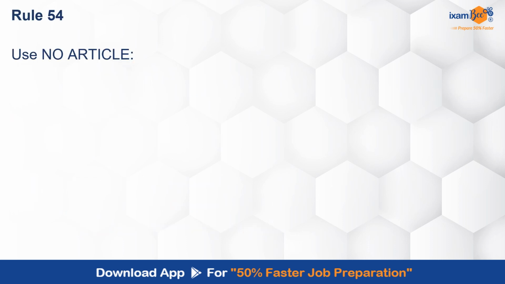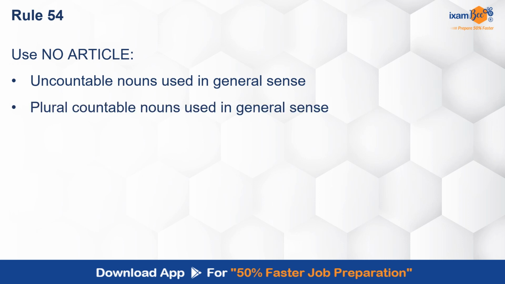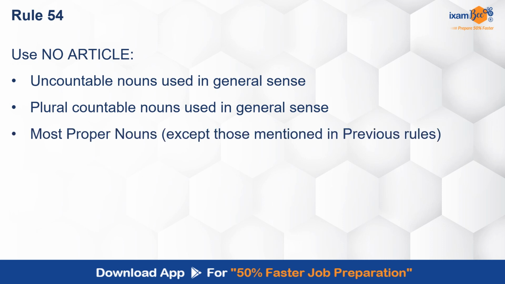Next rule says that you don't have to use any articles in these cases: when you are using uncountable nouns and in general sense, when you are using plural countable nouns but in general sense. So broadly, whenever you are talking in general sense, you generally avoid using any article, right? Most proper nouns, you don't have to use any article before them except the ones that we just mentioned, like mountain ranges and things like that.